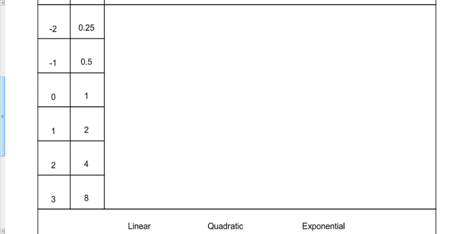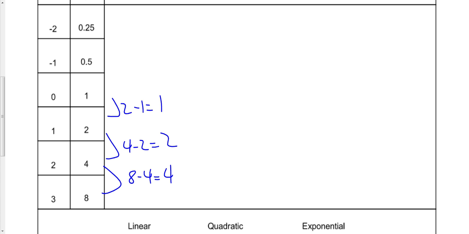Okay, so if I quickly find my first differences, I've got 8 minus 4. That first difference is going to be 4. Then I've got 4 minus 2. That's going to give me 2. 2 minus 1 is going to give me 1. 1 minus 0.5 is going to equal 0.5.